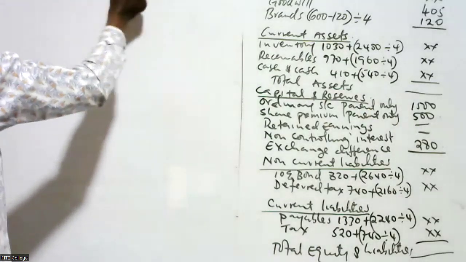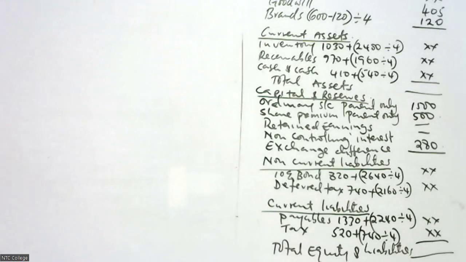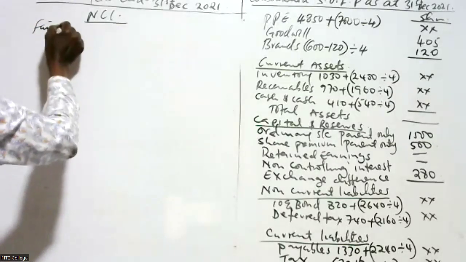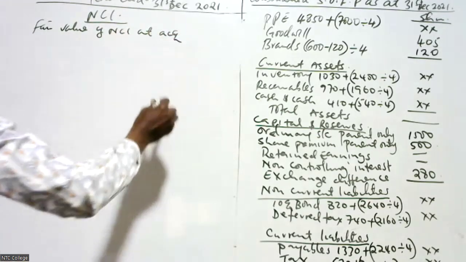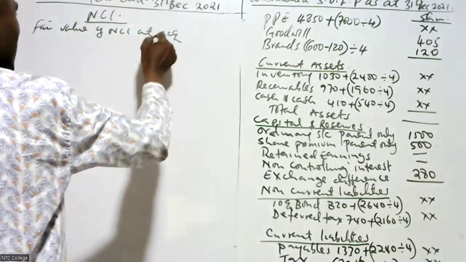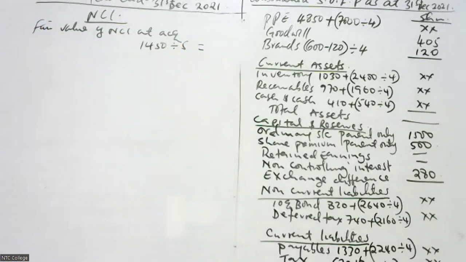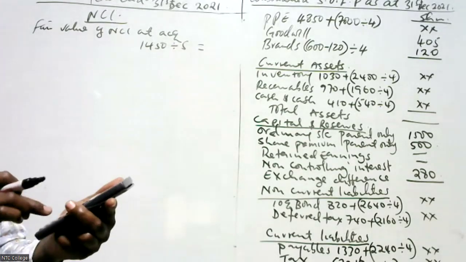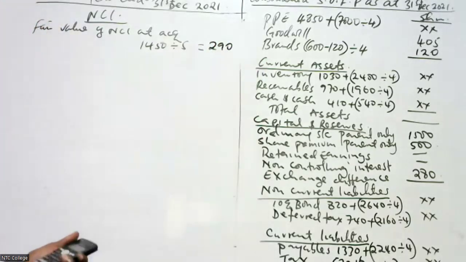Let's do the NCI. We are going to say fair value of NCI at acquisition. At acquisition, it was 1450, which is in foreign currency. Therefore, you divide by 5 to put it in Kenya shillings. 1450 divided by 5 is 290.